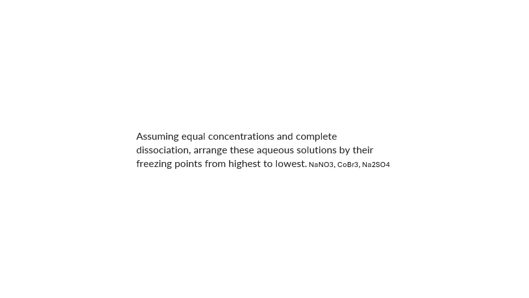Question is, assuming equal concentrations and complete dissociation, arrange these aqueous solutions by their freezing point from highest to lowest. So the freezing point will be lowest when the number of particles is high. Here we can see Na plus and NO3 minus, only 2 particles.